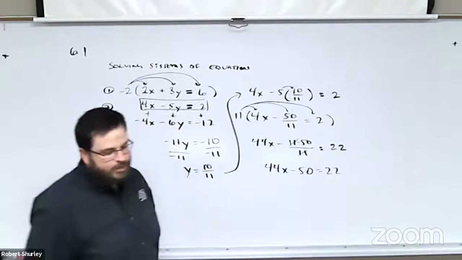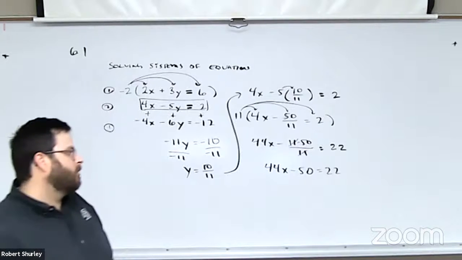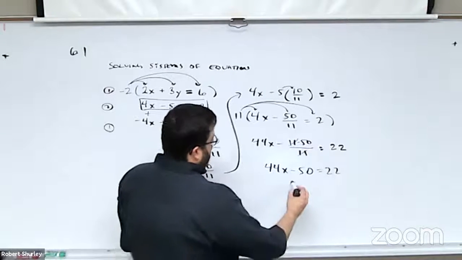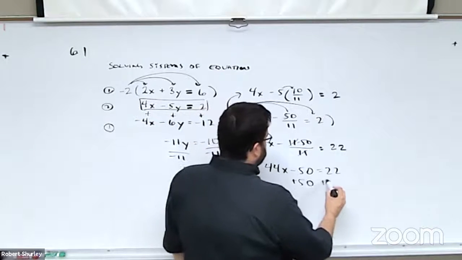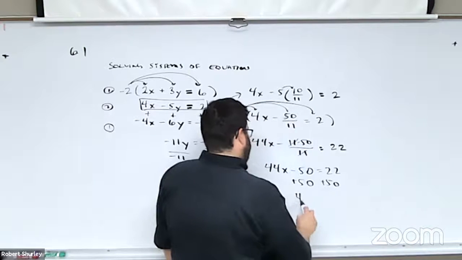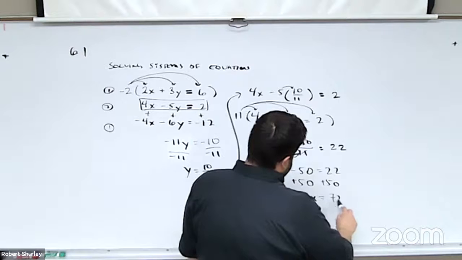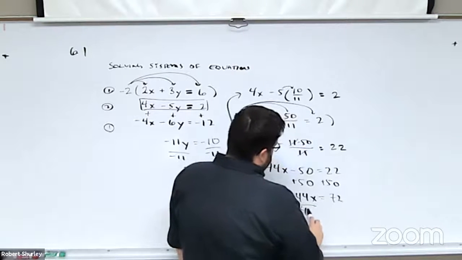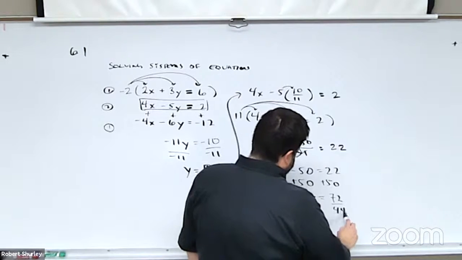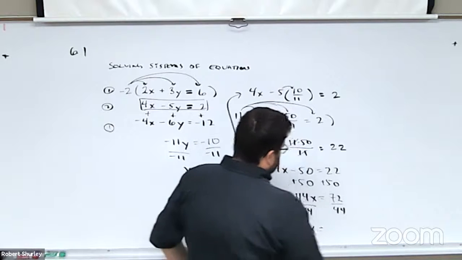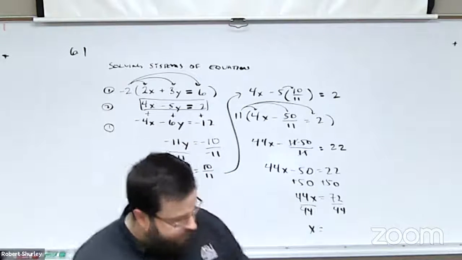So now it's just a basic equation. So add the 50. And I get 44x equals, is that 72? And then divide by 44. And I get x equals, now I know 72 is divisible by 4.